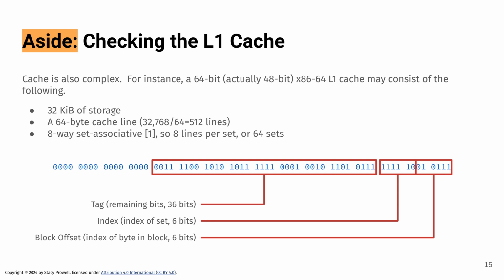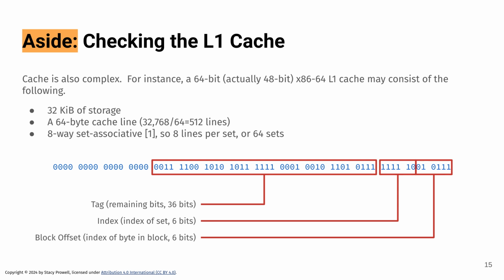So here's what I do. I take the bottom 6 bits. Why 6 bits? Because I want to address one of the 64 bytes, and I need 6 bits to address into a 64-byte array. So the bottom 6 bits tell me which byte. The next 6 bits tell me which set. Remember, I have 64 sets.